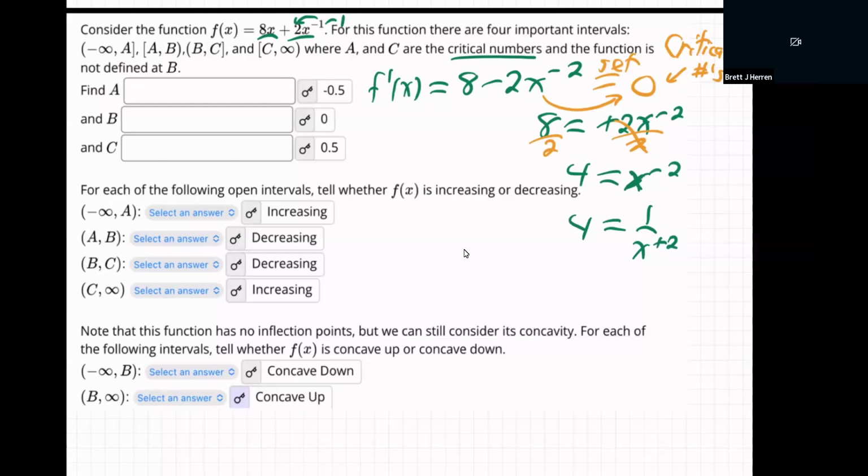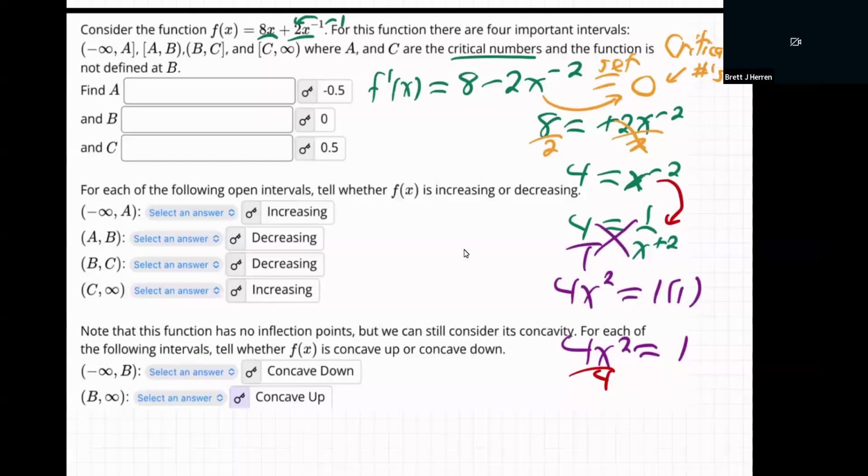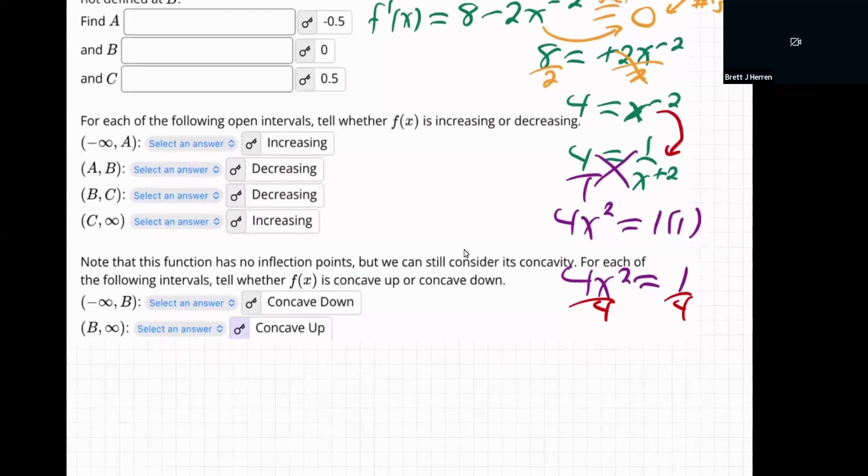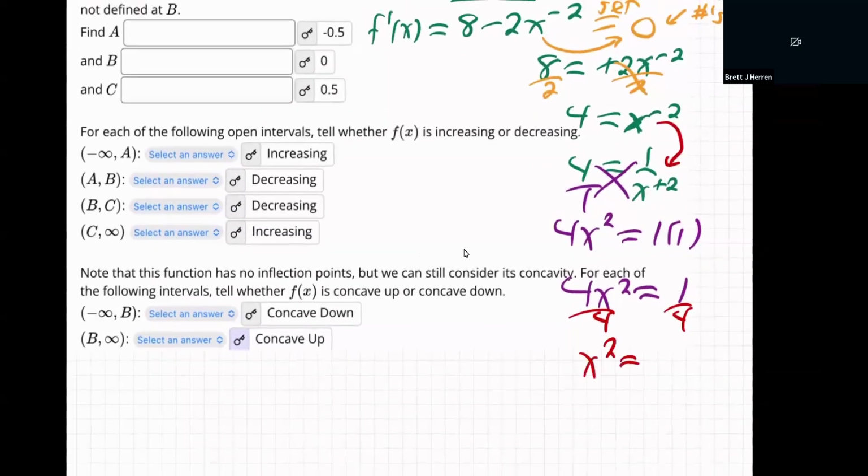Remember how a negative power means it jumps to the bottom? And then what are we going to do to solve this? Let's just put this over 1 and go diagonal, diagonal. So we get 4x squared is 1 times 1. So 4x squared is 1. Divide by 4. So x squared is 1/4.